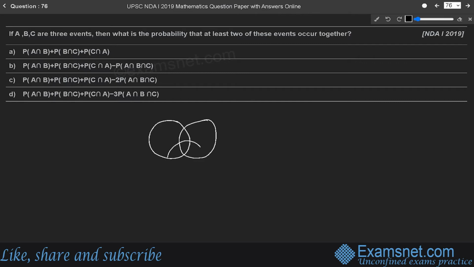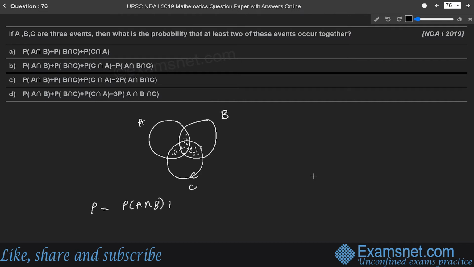Let this be the 3 sets and their names are A, B and C. You can see that this is the intersection of A, B and C, meaning this is the common part in 3 of them.